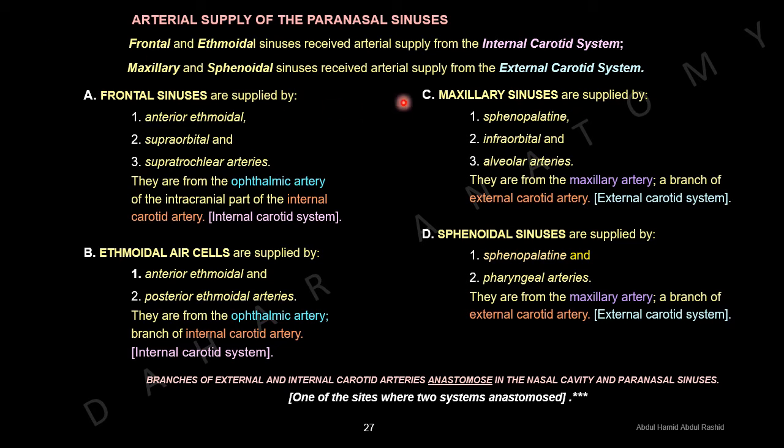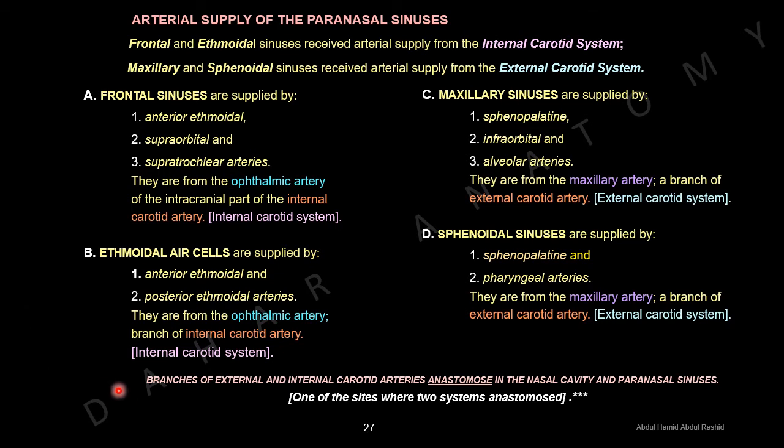C. Maxillary sinuses are supplied by the sphenopalatine artery, infraorbital artery, and alveolar arteries from the maxillary artery, a branch of the external carotid artery. The sphenoidal sinuses are supplied by the sphenopalatine artery and pharyngeal artery from the maxillary artery, a branch of the external carotid artery.